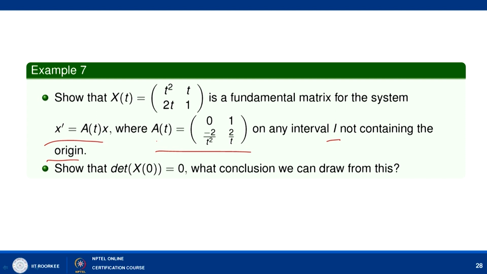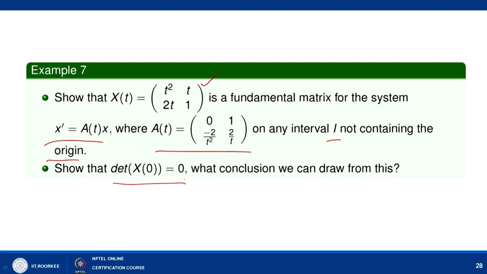And in the second part, we can easily see that if you look at the determinant of x(t), this will be 0 at 0, and we try to see whether it will create some kind of problem for the previous result.